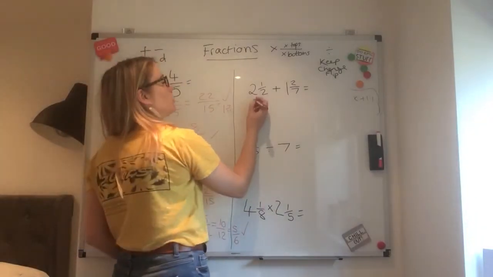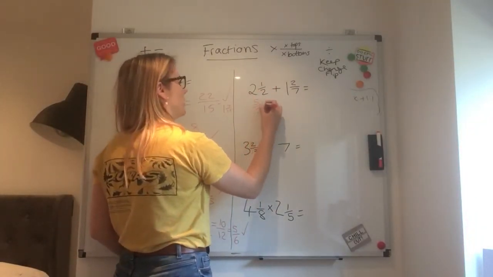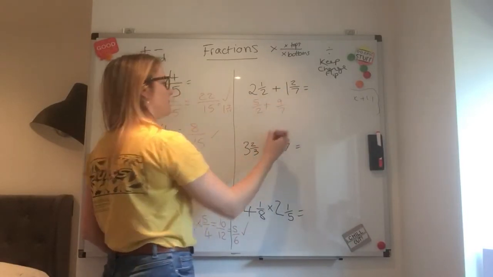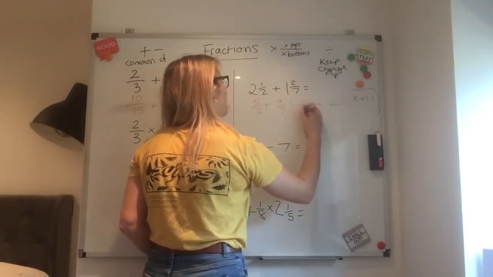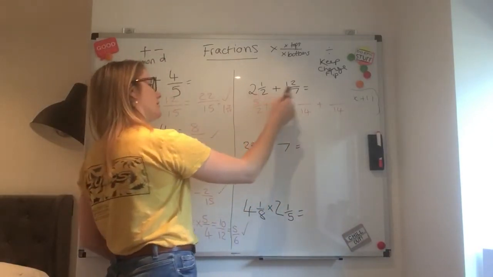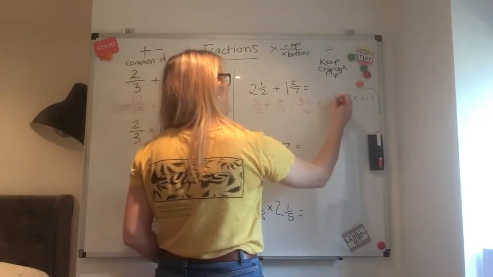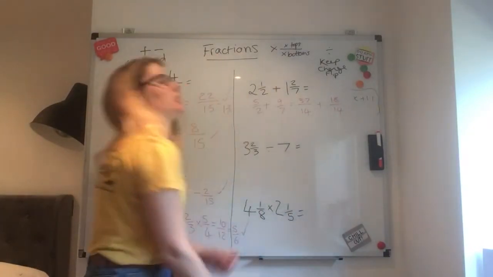So times them together and then add the top, so you get 5 over 2, and 9 over 7. Now we need a common denominator. I'm going to use 14. I've times that by 7, so I need to times this by 7. I've times this by 2, so I need to times this by 2.